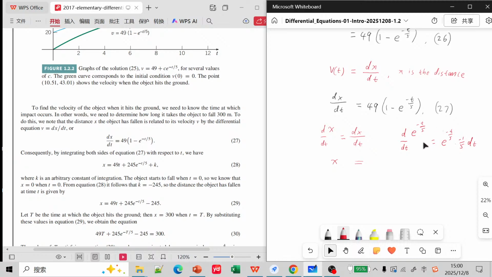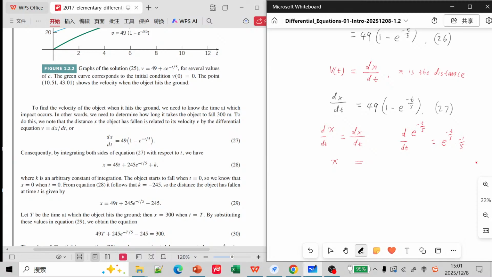So its derivative is this thing. This function's derivative is this thing, right? And now we have this term, and we want to construct this term into this side. Maybe we try to cancel out this minus 1 over 5.